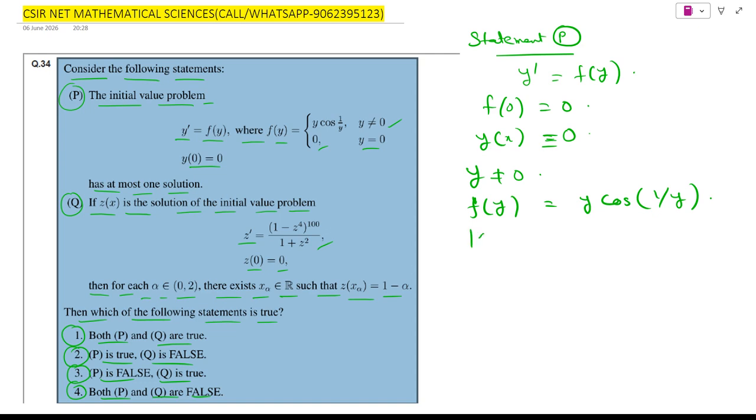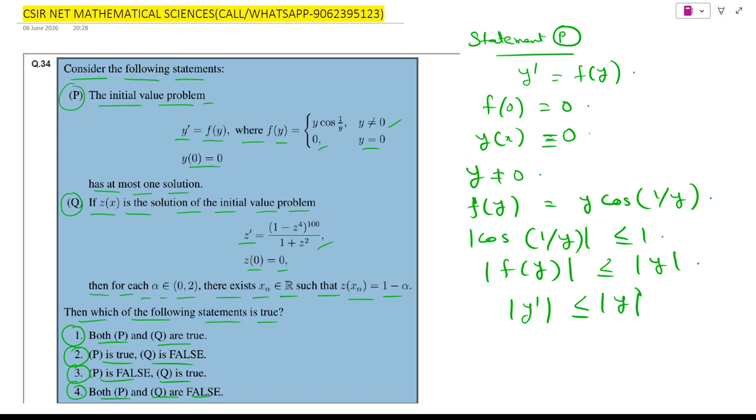And since mod of cos(1/y) is less than or equal to 1, we get mod of f(y) is less than or equal to mod of y. Hence, every solution satisfies mod of y' is less than or equal to mod of y.